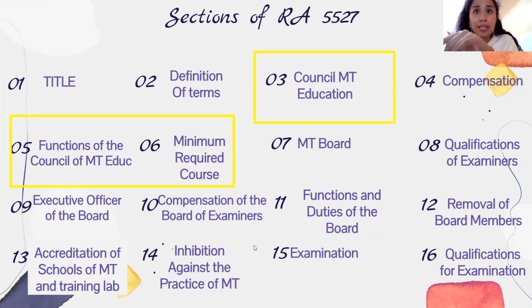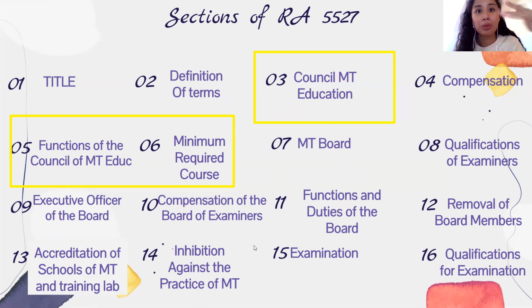Class, it's based on Section 3, the Council of Medical Technology Education and the functions of the Council of Medical Technology Education, and Section 6, the minimum required course. Class, your education, the courses, the general education, the professional subjects, your internship, it is all stipulated in Section 6, minimum required course.